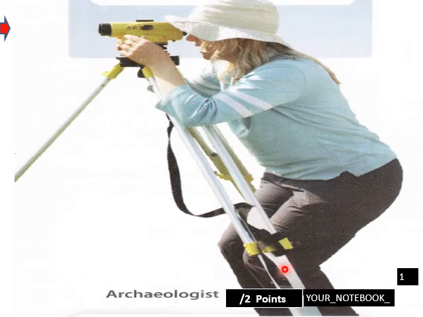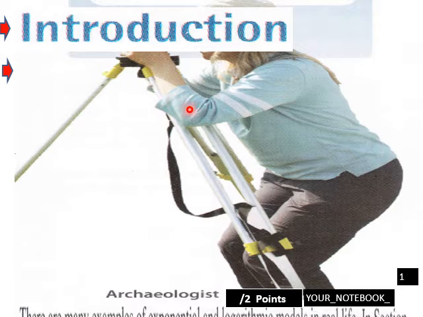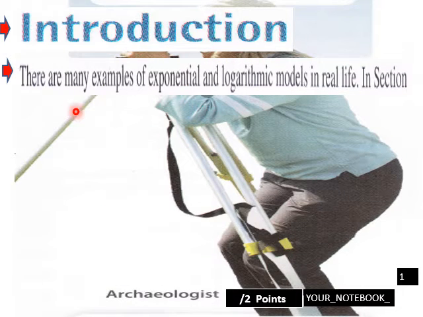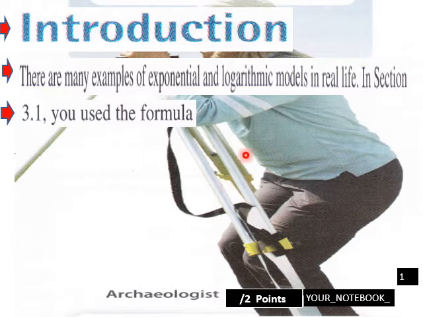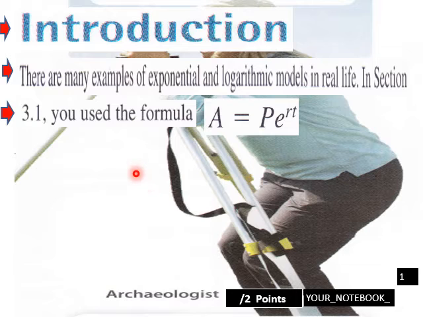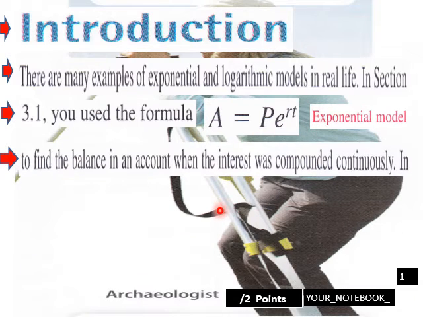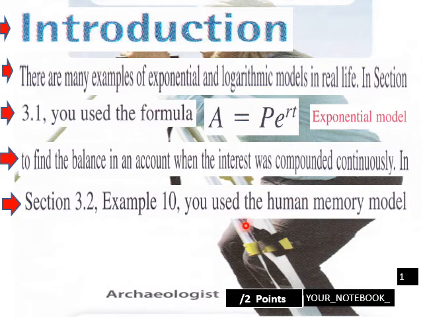Moving on into our first page today, students, in your notebook. Put this in. There are many examples of exponential and logarithmic models in real life. In 3.1, you used the formula A equals Pe^(rt). This is an exponential model for continuous growth, to find the balance in an account when interest was compounded continuously.